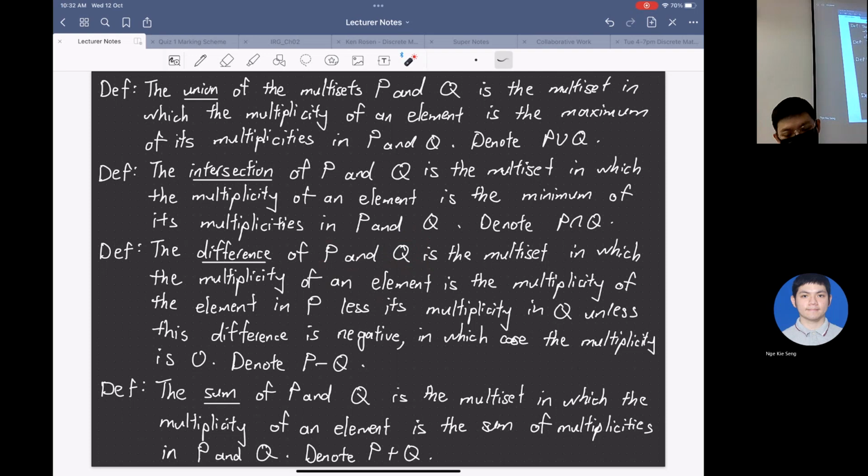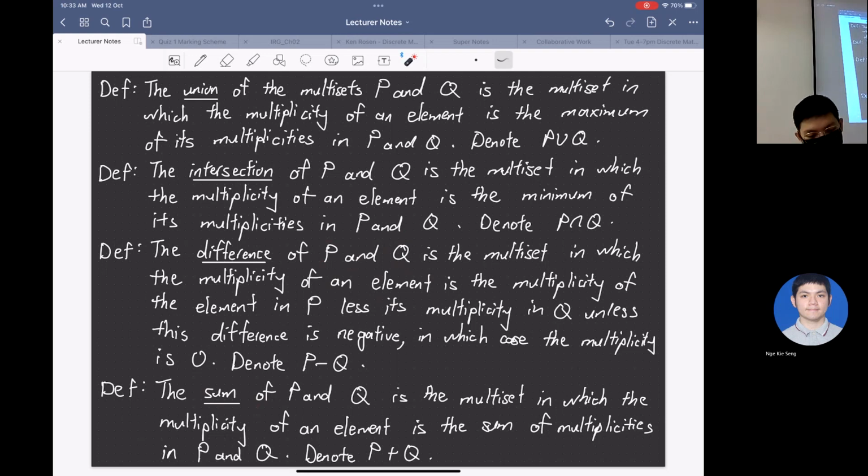So you just take 0 in that case. So it's a maximum of the difference or 0. And then the sum should be the usual what you think of union. So just take sum of the multiplicity.